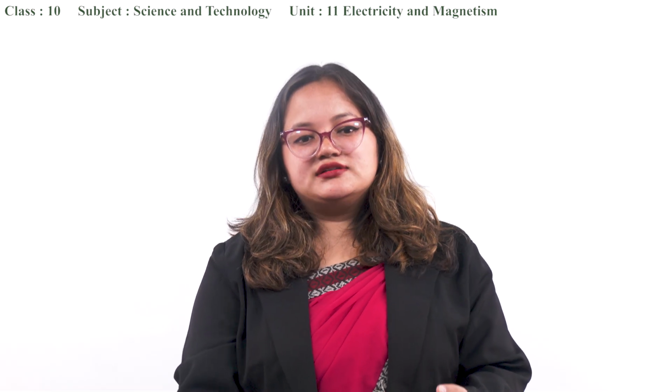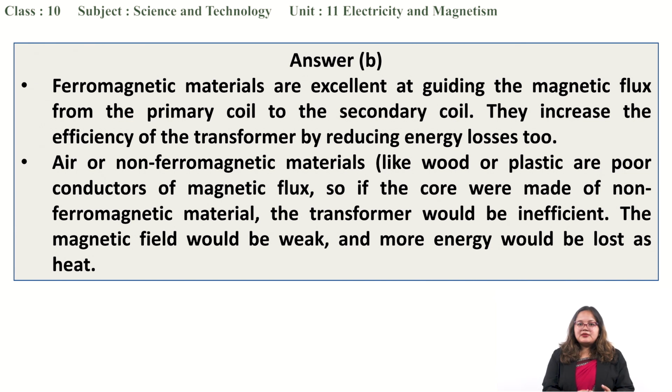About the second answer, let's see. Ferromagnetic materials are excellent at guiding the magnetic flux. Since they guide the magnetic flux, and we know it also enhances the intensity of the magnetic flux in the secondary coil, it obviously increases the efficiency of the transformer, and also it reduces the energy losses as well.